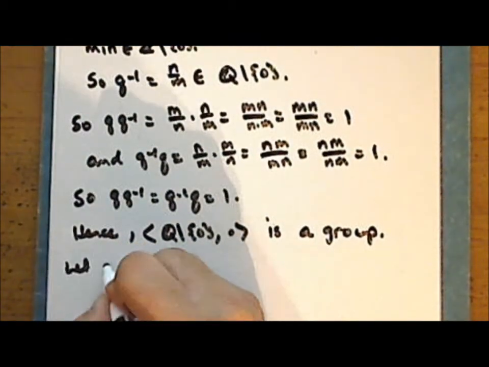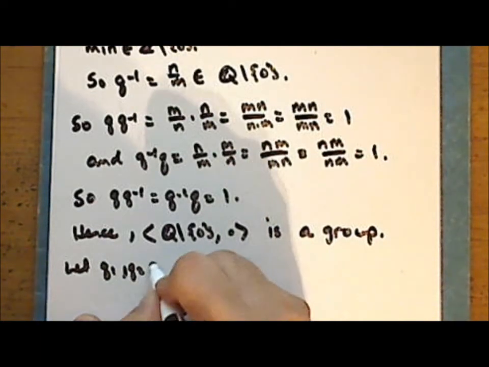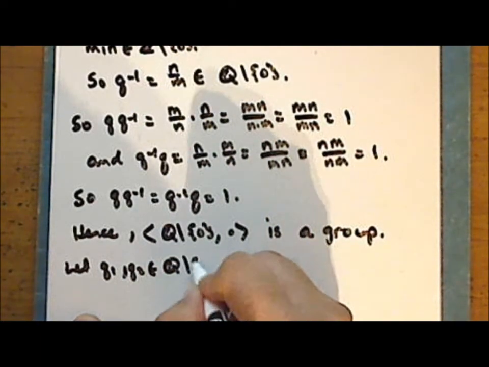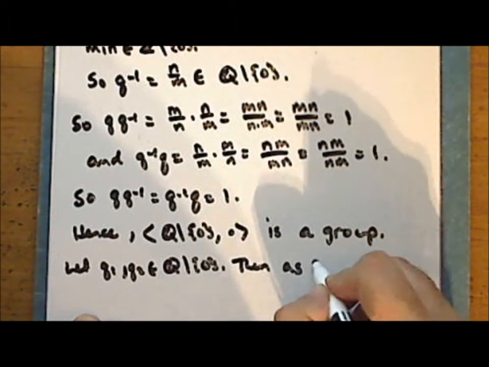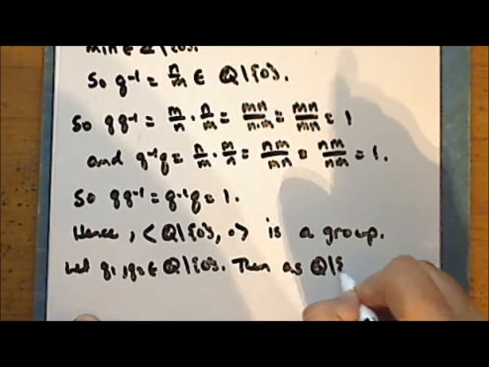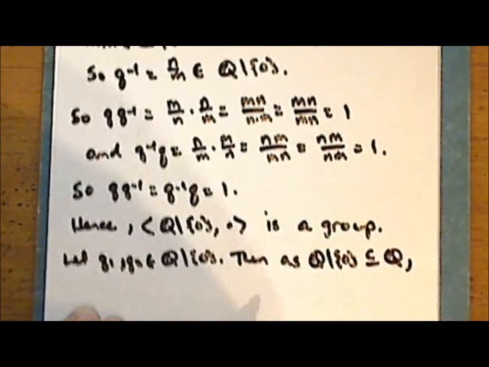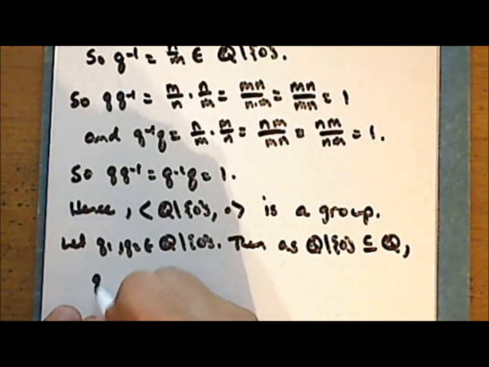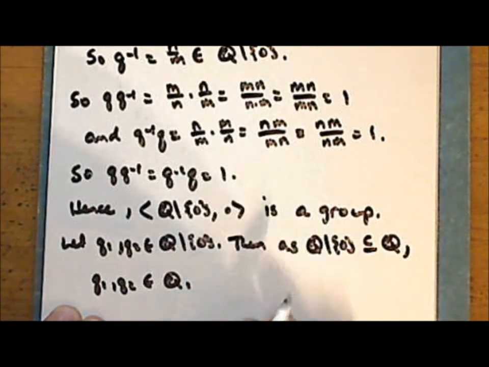Now let q sub 1 and q sub 2 be non-zero rational numbers. Then, as the non-zero rational numbers is a subset of the entire set of rationals, q sub 1 and q sub 2 are rational numbers.